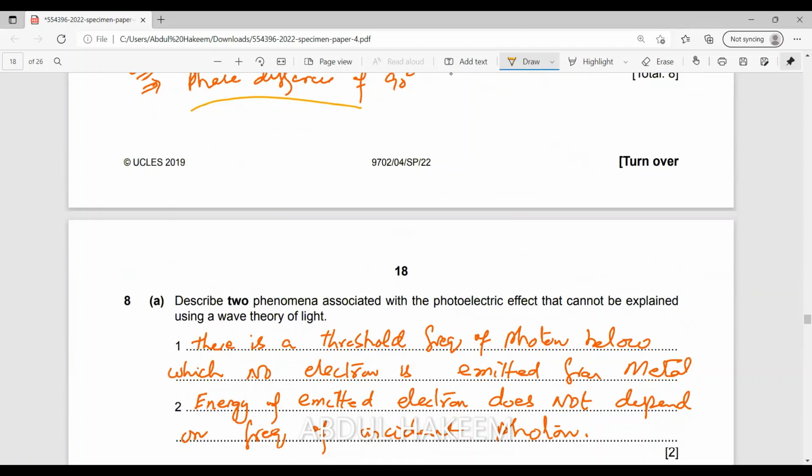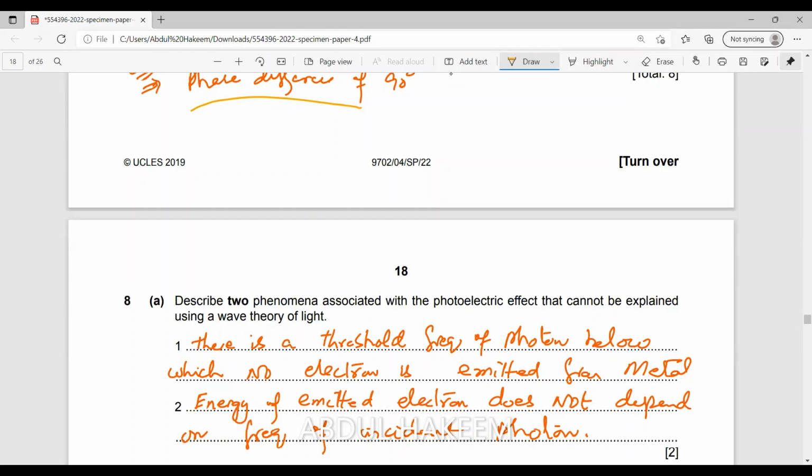Next, describe two phenomena associated with the photoelectric effect that cannot be explained using a wave theory. It means we have to write here the evidences for the particulate nature. So number one is there is a threshold frequency of the photon below which no electron is emitted from the metal.